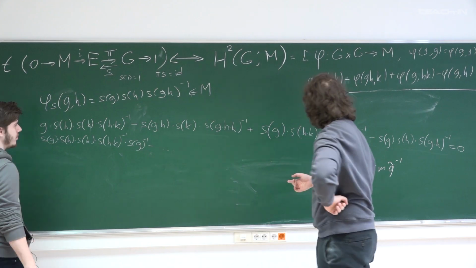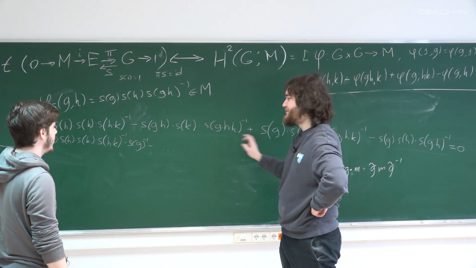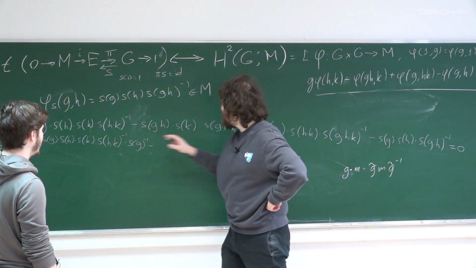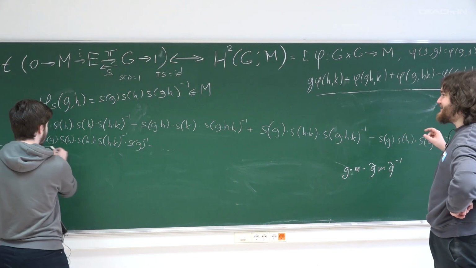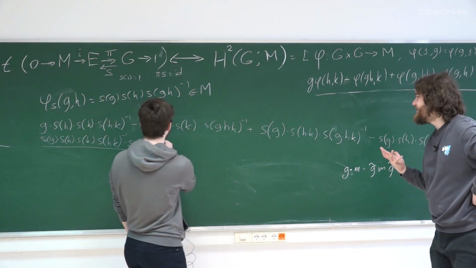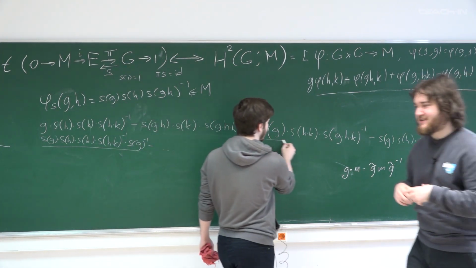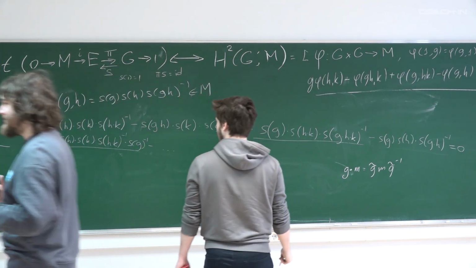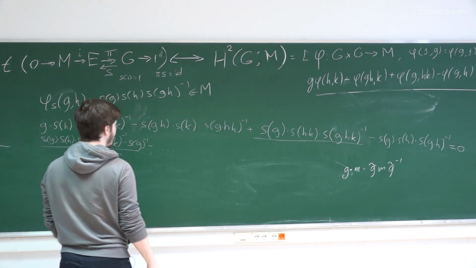What I want to say is that you can interchange these two terms. Consider the sum of this term and this term, and this term and this term. If you write these sums in multiplicative notation in E, not in M, then you have some cancellation. This cancellation is in E, not in M, because some elements will not lie in M.